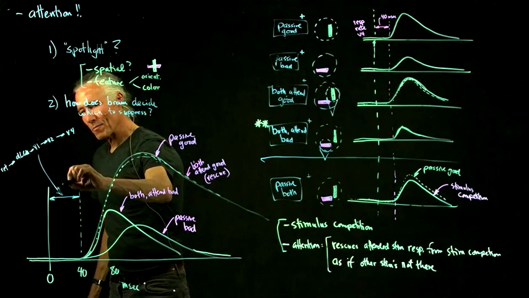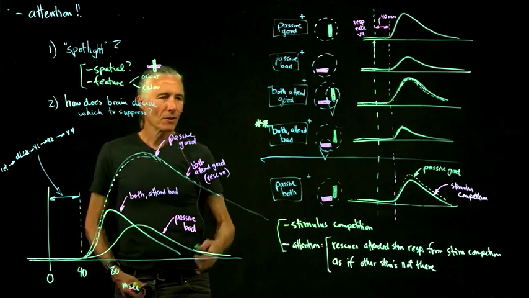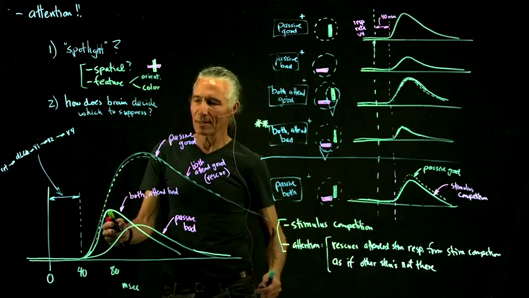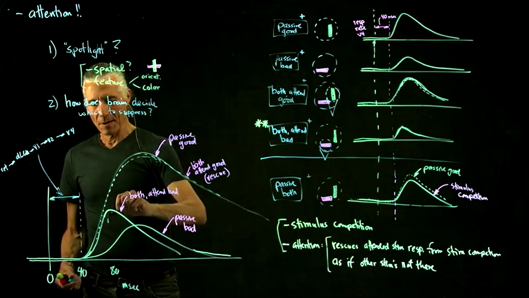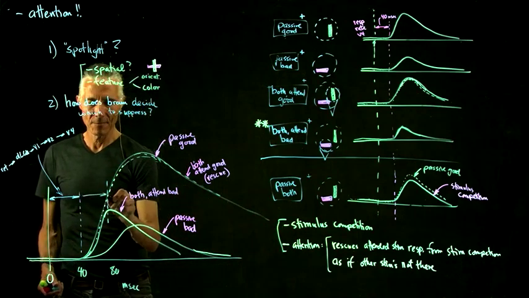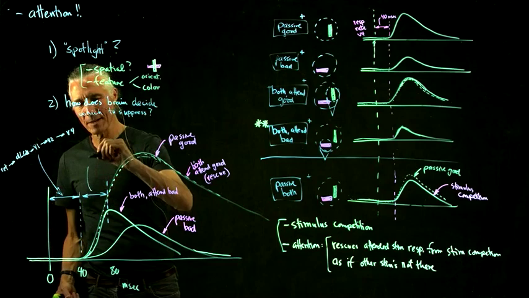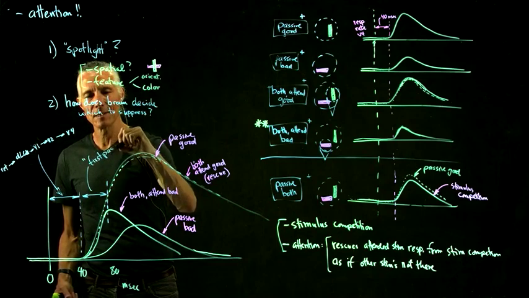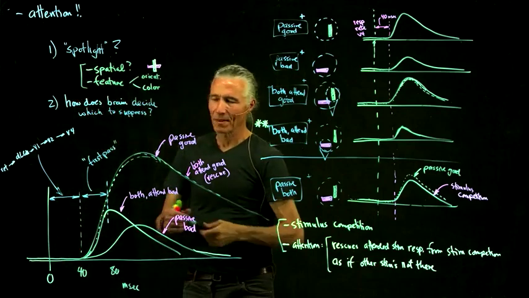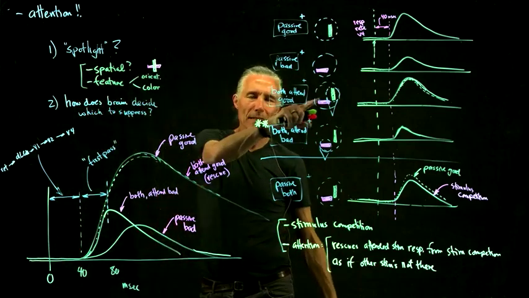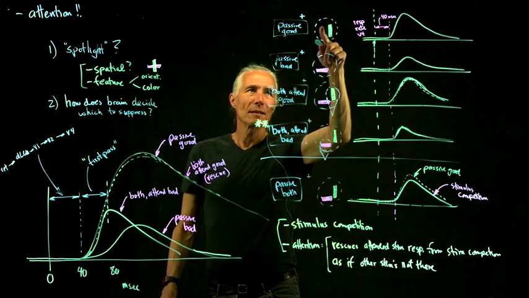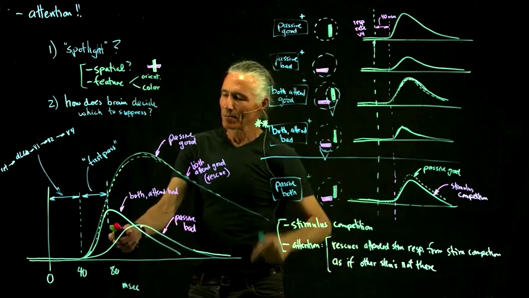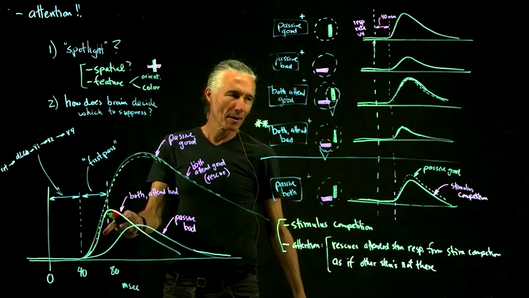But then what happens? It looks like the good stimulus actually just flies through the system. And so for another about 40 milliseconds, it looks like we get a first pass. This good stimulus, because this neuron is sensitive to vertical green bars, responds strongly to that vertical green bar.